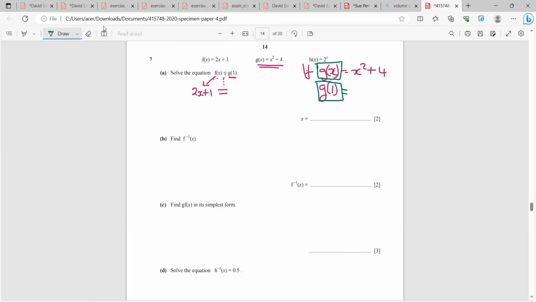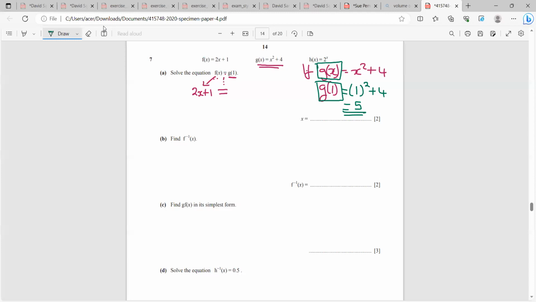In the first box, we have x, and in the second box, we have 1. So which means we're going to interchange x and 1. We're going to substitute x for 1, isn't it? So in the original equation, they had x, but in the next equation we're going to replace all the x values with 1. So it will be 1 squared plus 4. And then, so g of 1 is going to be 5.